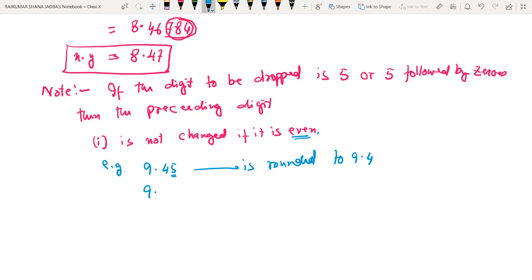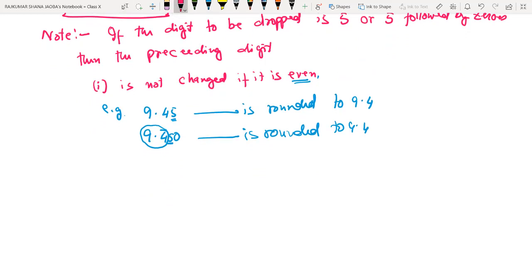If you want to round 9.450 to two significant figures, the 5 is dropped, and the preceding digit 4 is even, so it stays 4. So it is rounded to 9.4.